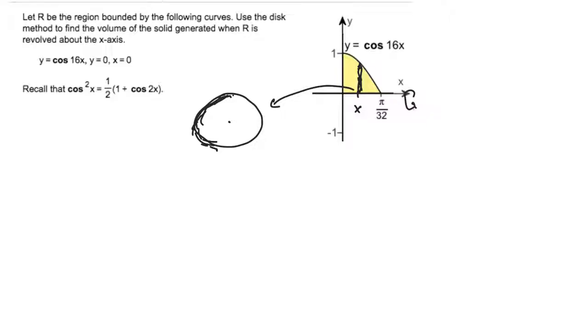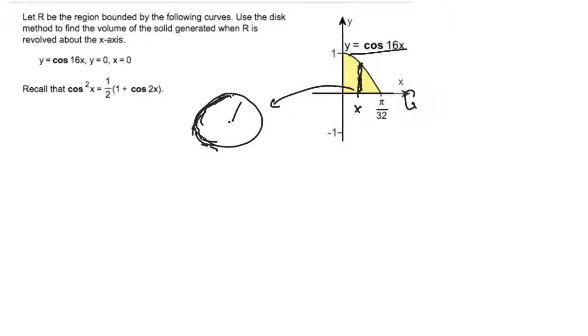And the radius of this stick, I'm having a hard time drawing on this thing. The radius of the disc is really just the height of this stick. And the height of that stick is just the y-coordinate right there, and that y-coordinate is given by that equation.